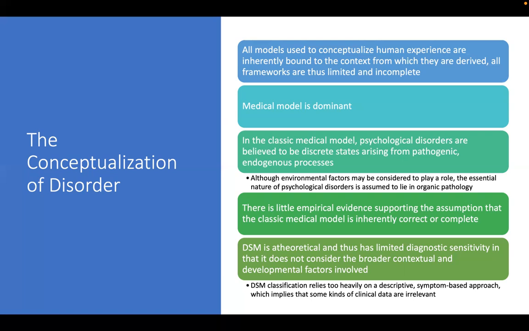That's where our specialization comes in and is very important, where we're broadening that scope from intrapersonal to interpersonal and even transpersonal. There is little empirical evidence supporting the assumption that the classic medical model is inherently correct or complete. So we're just following this thing that doesn't necessarily have support behind it.